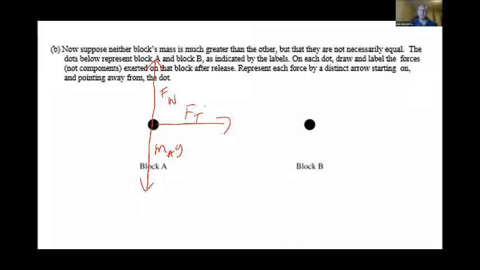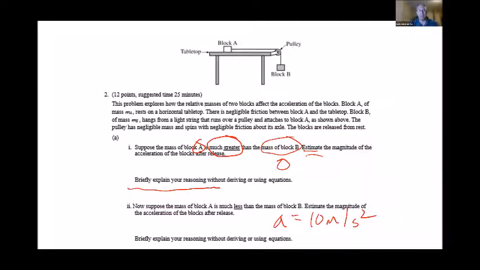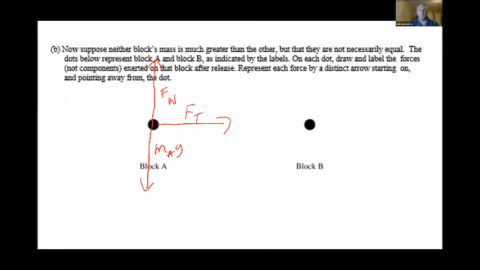Now let's go back to our picture for a second. So for block B, we really only got two forces we need to worry about, right? The weight and the tension. So for block B, for weight, I'm going to go MBG. And my tension force for block B is acting up.